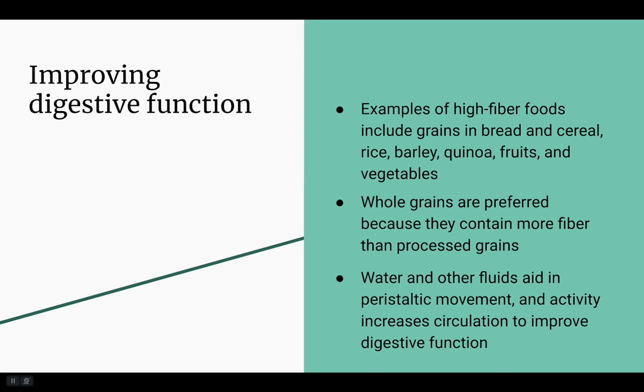Examples of high-fiber foods include grains in bread and cereal, rice, barley, quinoa, fruits, and vegetables. Whole grains are preferred because they contain more fiber than processed grains. Water and other fluids aid in peristaltic movement, and activity increases circulation to improve digestive function.